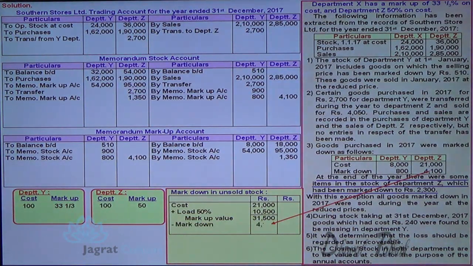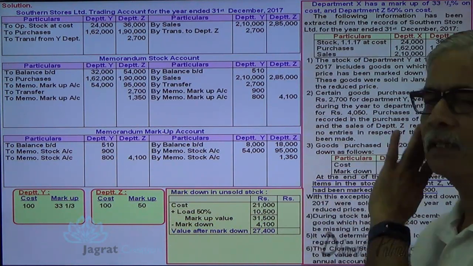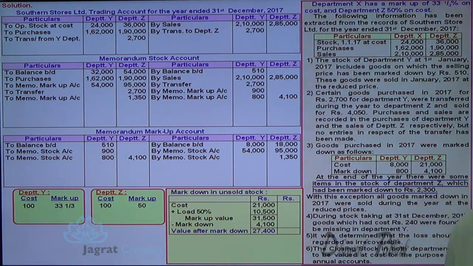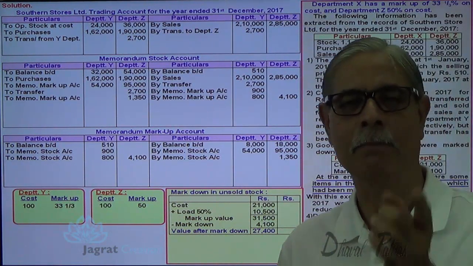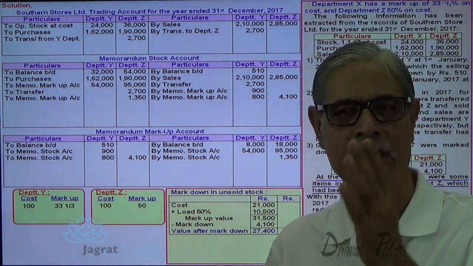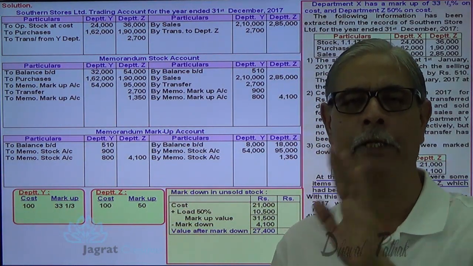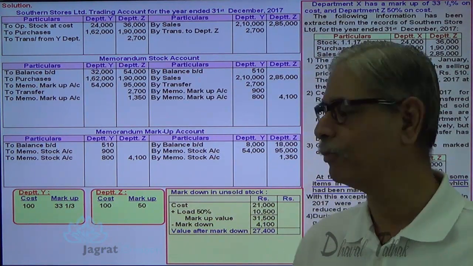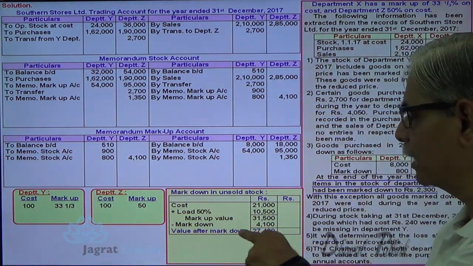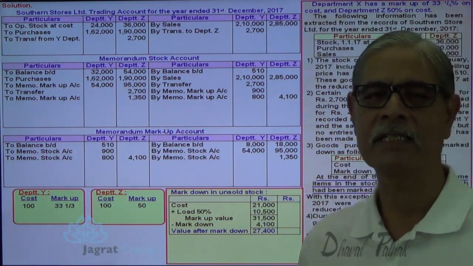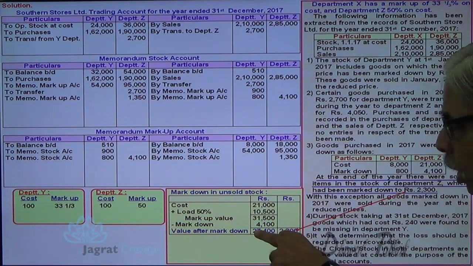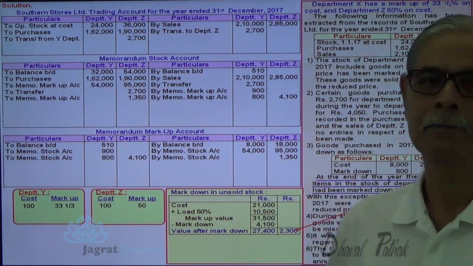So after markdown, the value was 27,400. This is what has occurred with this stock. Subsequently, it was decided that these goods have to be reduced so that they can be made saleable, and for that there was a markdown of 4,100. So now the value after markdown is 27,400, and this 2,300 is a segment of this 27,400.